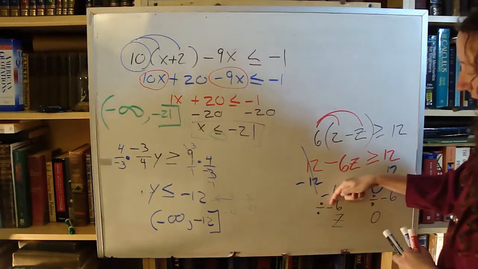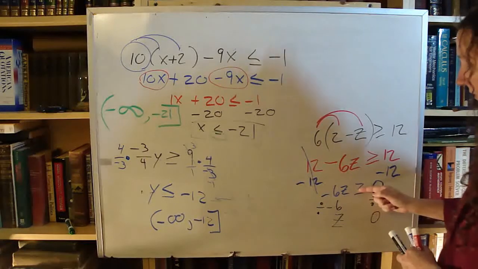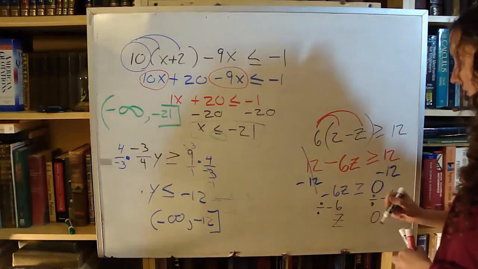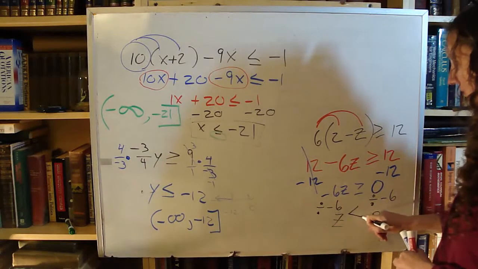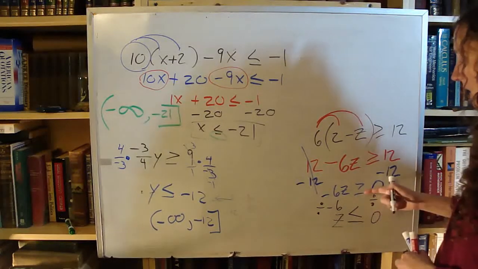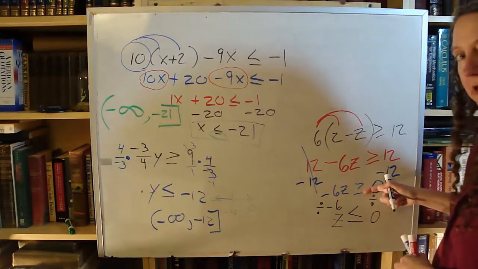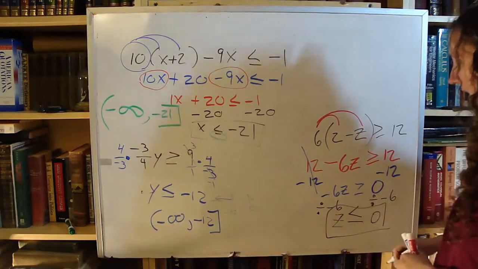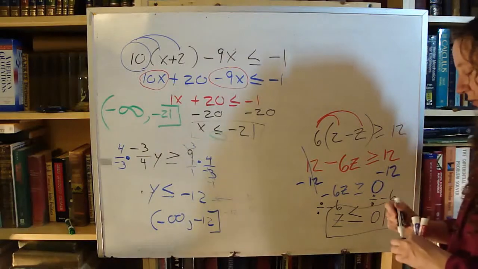I divide it by a negative, so my sign gets flipped around. I hold on to my equal to bar. I now have the inequality version of the answer.